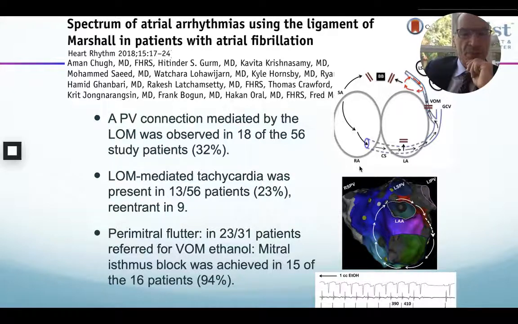They did find 23% of patients having a vein of Marshall, ligament of Marshall mediated tachycardia. And they did find perimitral flutter that was successfully ablated with ethanol in 94% of the patients. This was published in 2018.